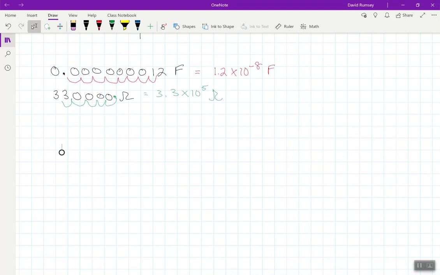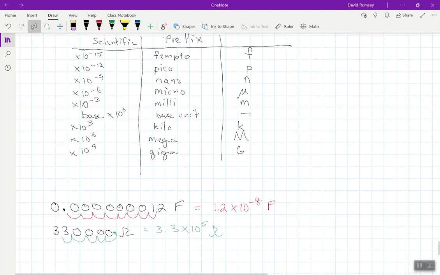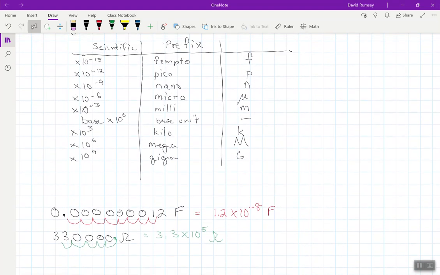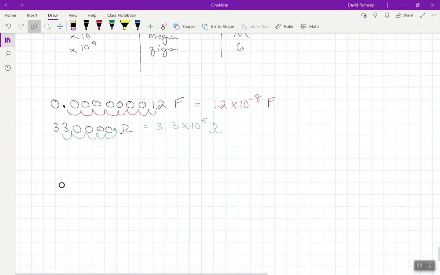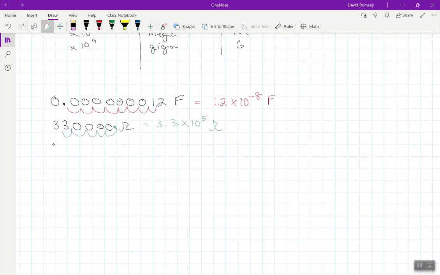So you'll notice here that with engineering notation, we always go in powers of 3. So if you're thinking about how you would convert this here, you would want to make sure that you do these in powers of 3. And you could rewrite these here. I'm going to erase some of this.